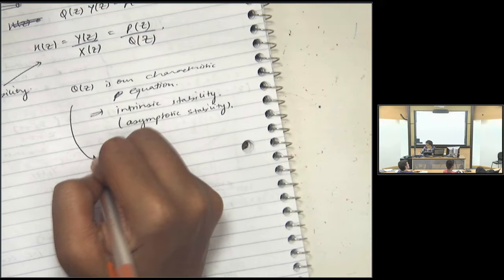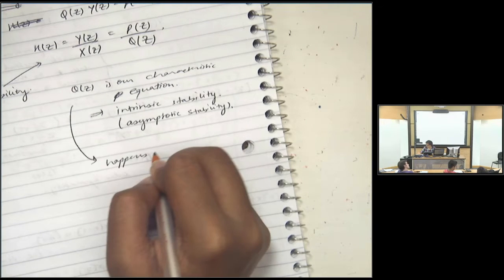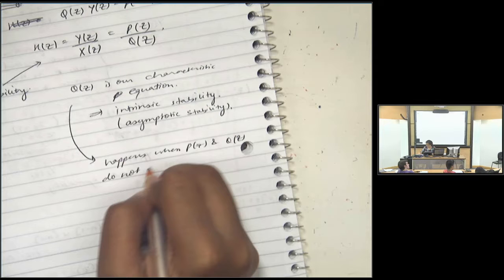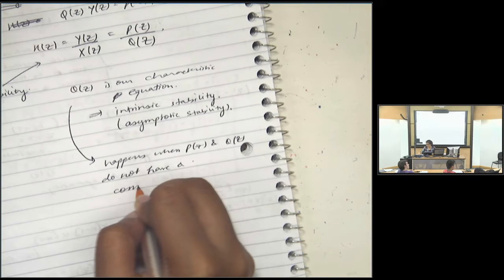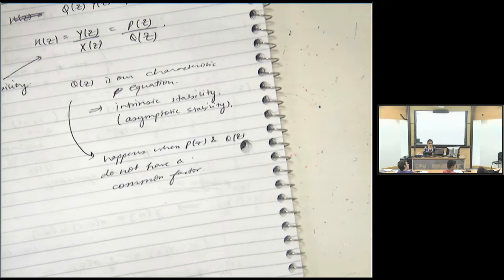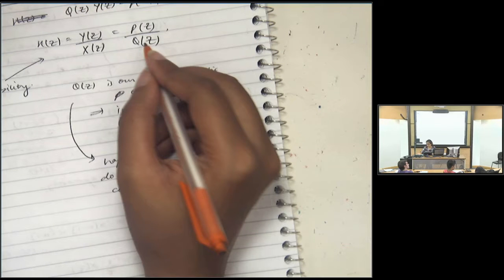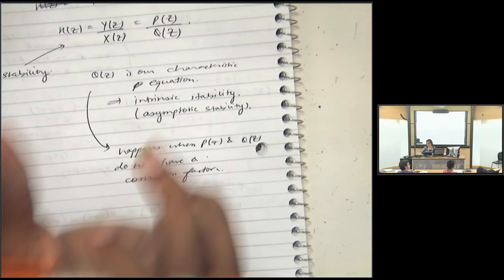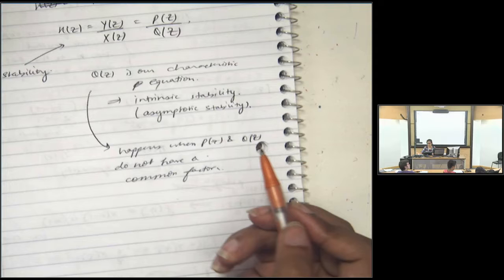Now, when is q of z a characteristic polynomial? This condition happens when p of z and q of z do not have a common factor, right? If they have a common factor, then the denominator q of z does not represent my characteristic polynomial because it's missing that factor. p of z is cancelling a factor out.